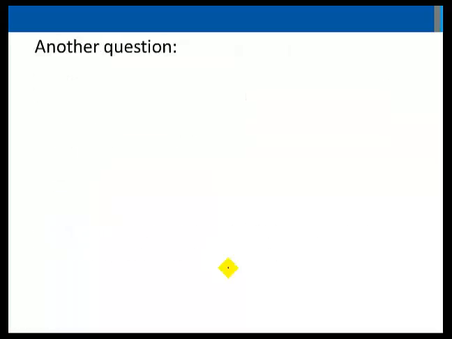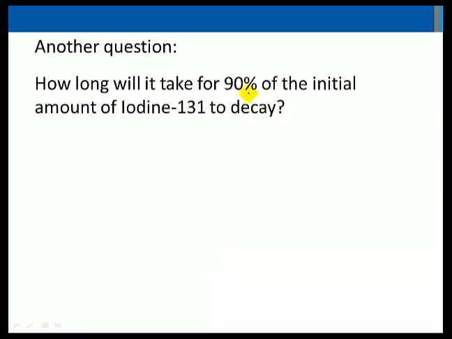Okay, another question. How long will it take for 90% of the initial amount of iodine-131 to decay? We'll use the same formula, A equals A naught times e raised to the power kt. If we think about it, when 90% of the initial amount has decayed, the amount we're left with is 10% of what we started with.